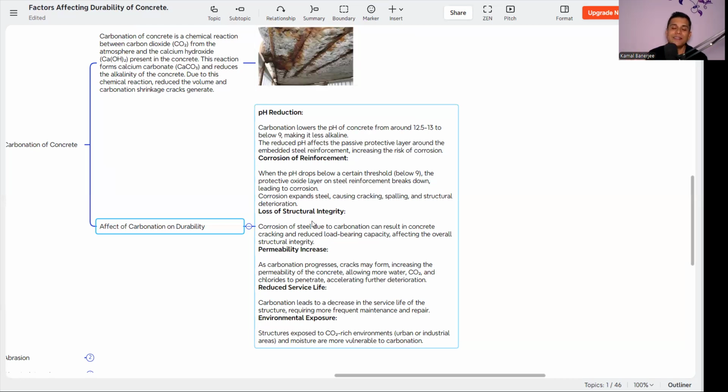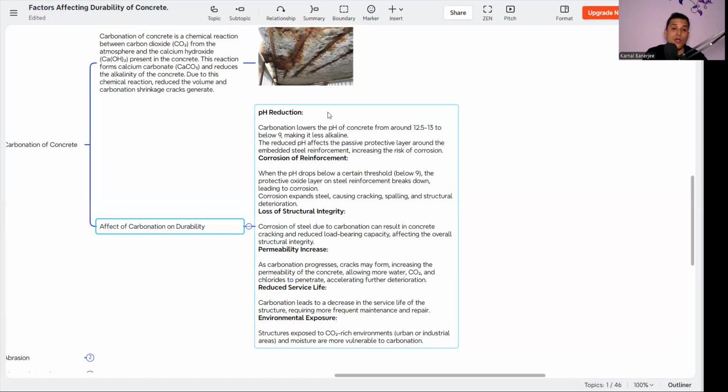Then permeability increases, and again the concrete strength reduces and reinforcement corrosion will start. Then reduced service life and environmental exposure. Structures exposed to CO2-rich environments, urban and industrial areas, and moisture are more vulnerable to carbonation.